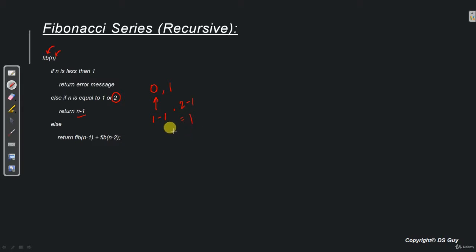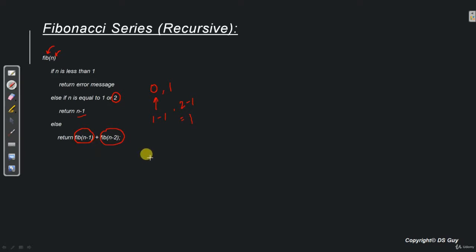Now if we want to find out the third and anything more than 3, in that case we are doing a recursive call. And what is there in the recursive call? It simply says that take the Fibonacci of the previous two numbers and add both of them.